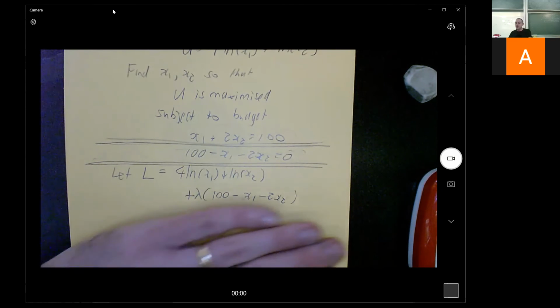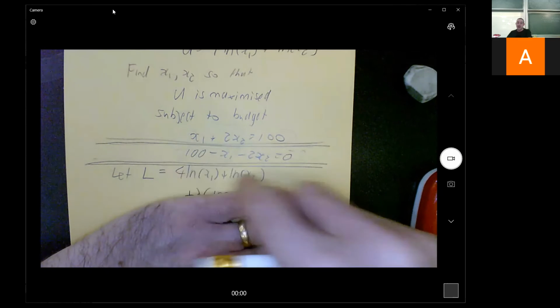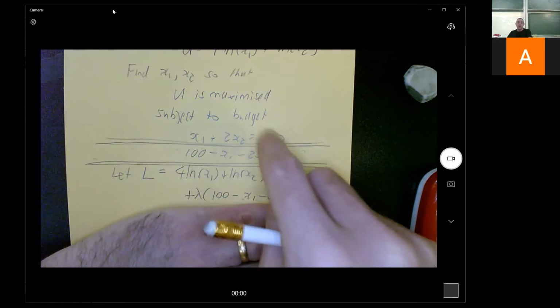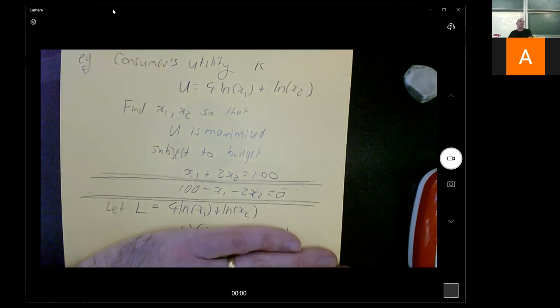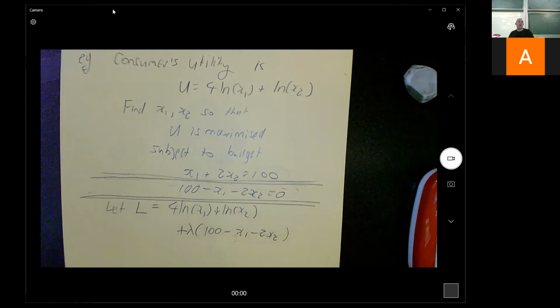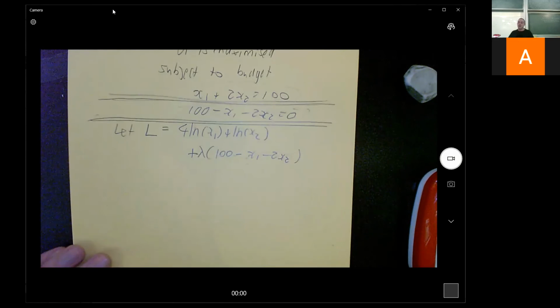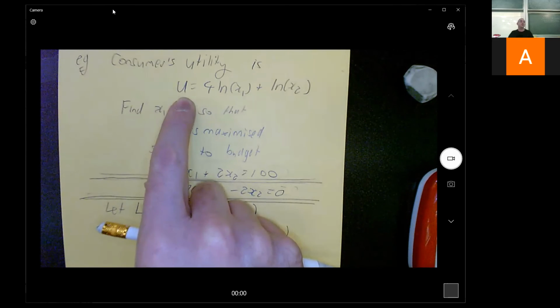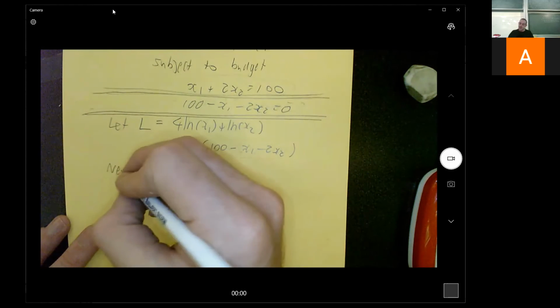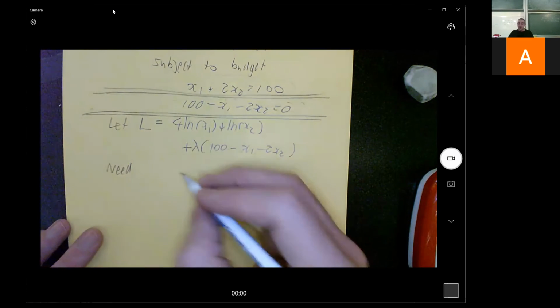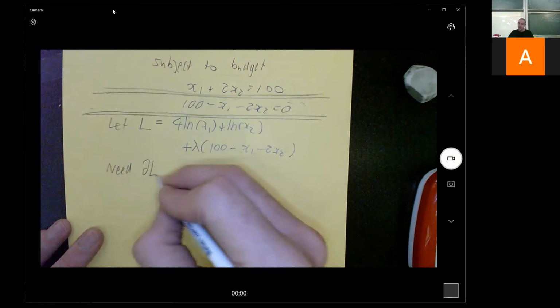And so whatever maximum this has when this is equal to 100 is the same as the maximum that this has. So that's the idea behind it. It'll work out to the same answer. So short version is that finding the maximum of L is the same as finding the maximum of U. So I need all 3 derivatives of L to be 0.